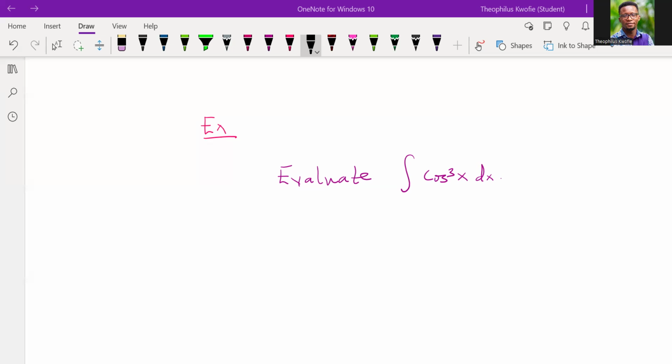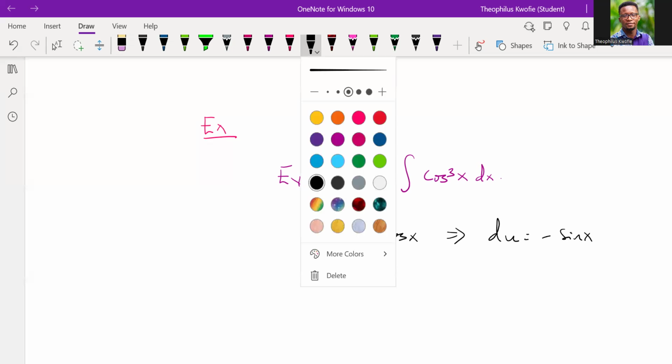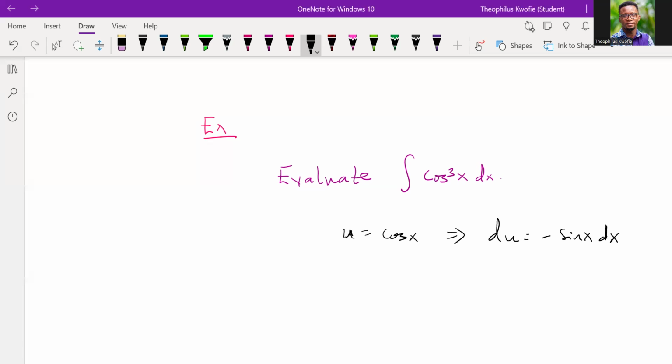Now, just simply substituting u equal to cosine of x is how some students may approach this problem, but it may not be helpful, since du equals minus sine x dx. It will not be helpful.